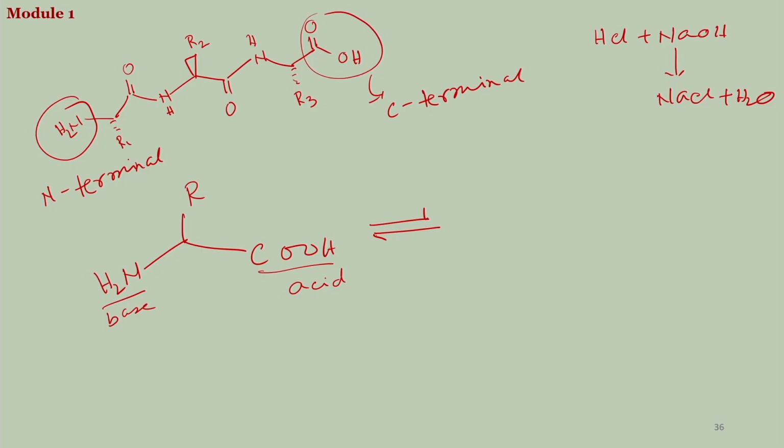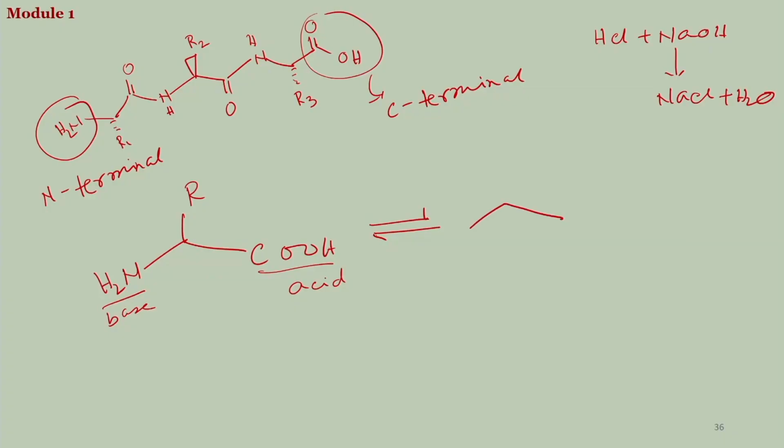For amino acids, what will happen? There are organic acids and organic bases. So, there will be proton transfer from the acid to the base. So, this molecule does not exist in this fashion, it mostly exists in this way, NH3+ and COO-. This is what is called the zwitterionic form.